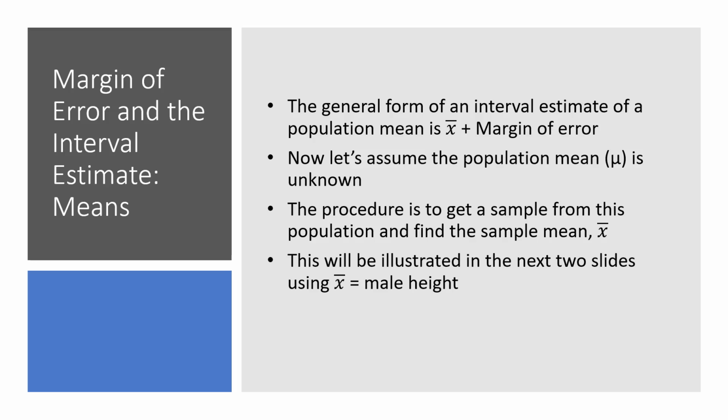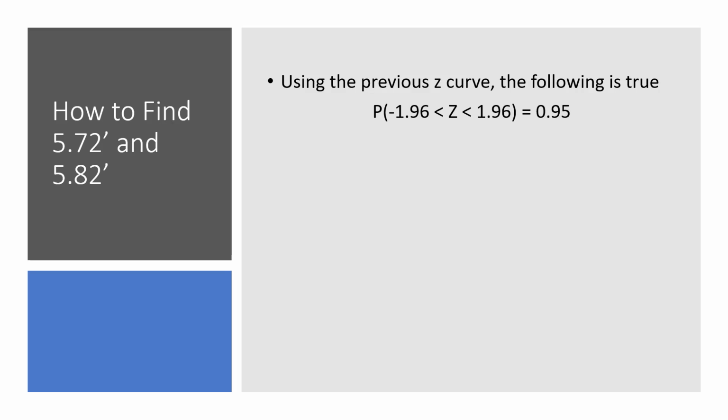So the general form of an interval estimate for a population mean is going to be your sample mean plus or minus the margin of error. So now we're going to assume that our population mean is unknown. The procedure is to get a sample from this population and find the sample mean, or x bar. This will be illustrated on our next couple slides using the sample mean of male height.